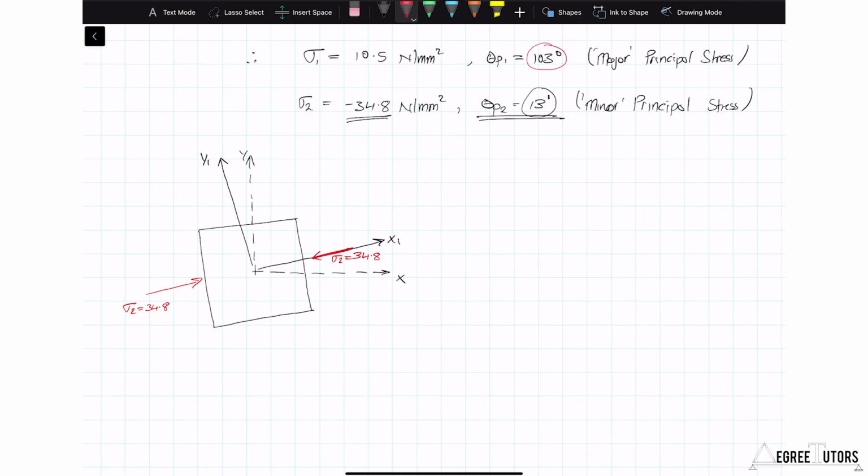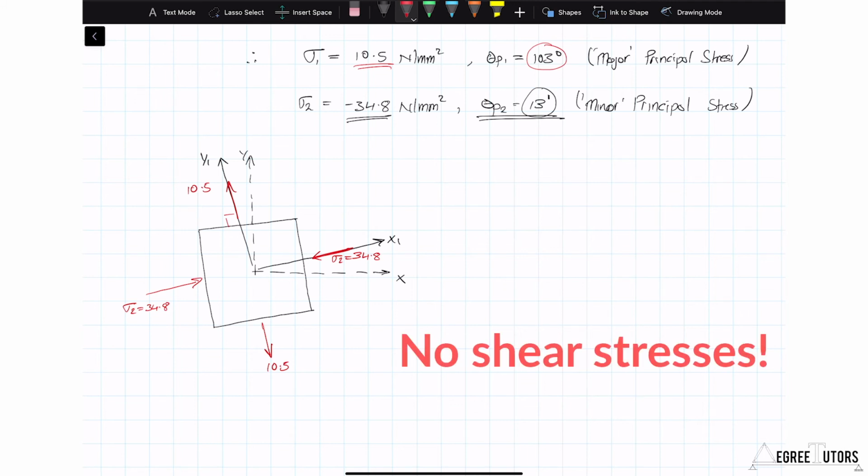Now that has a stress of 10.5, a positive 10.5, which means it's going to be a tensile stress. And that arrow should be perpendicular to that face. My sketch isn't amazing. So that's going to be 10.5, and that's going to be 10.5. Excellent. And of course we know there are no stresses developed on these principal planes.